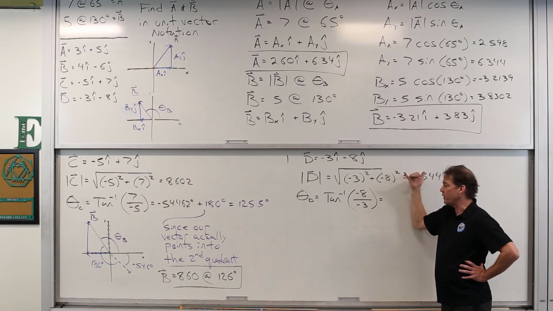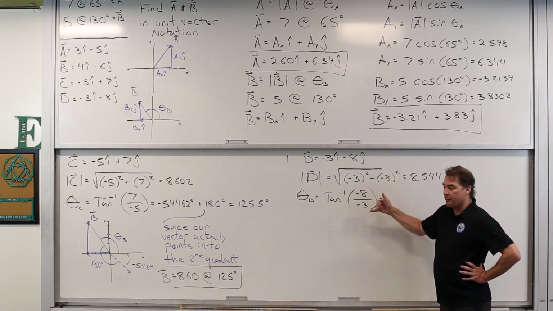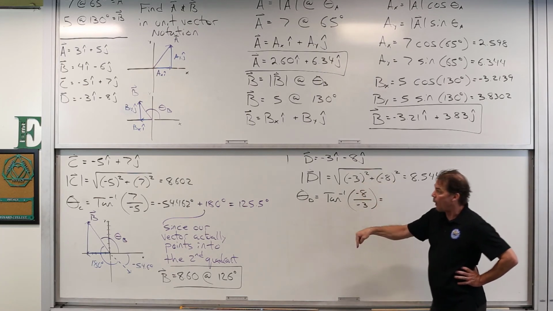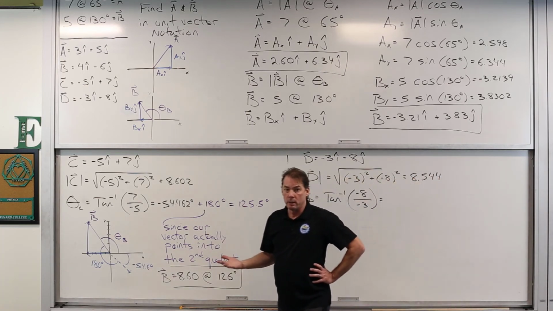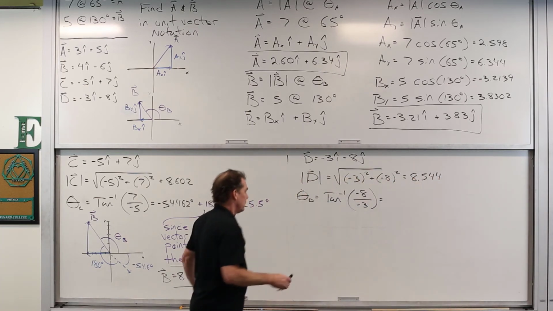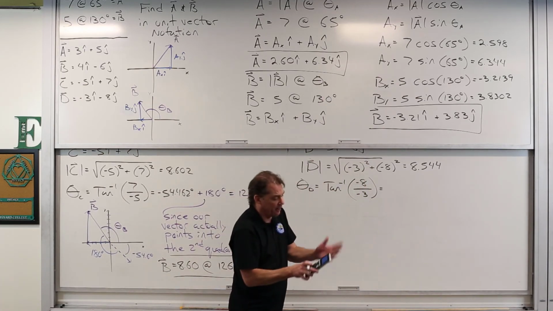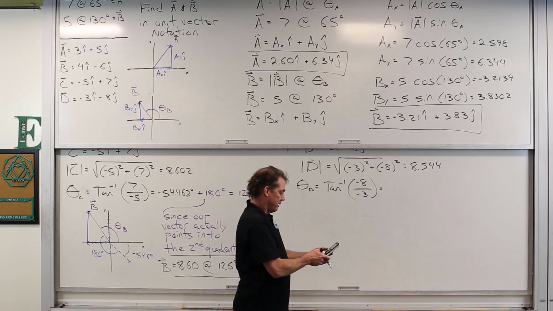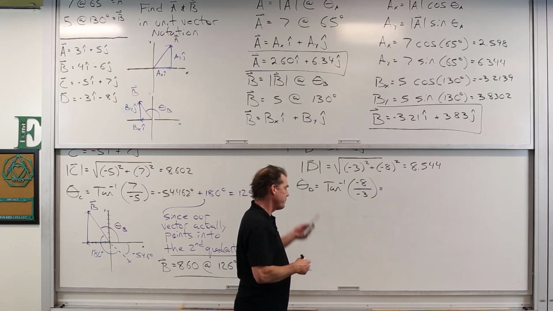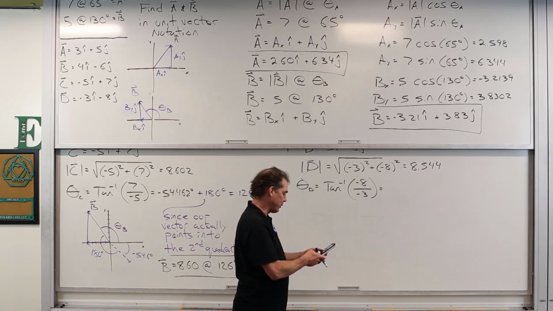That's in the first quadrant. Negative x, negative y though, that's in the third quadrant, which is diametrically opposed. So we're going to have to add 180 degrees onto it, is the bottom line here. Second or third quadrant is your true vector. Have to add 180 degrees.